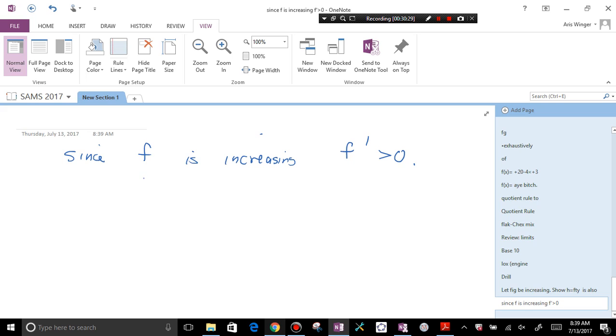That's why I've asked. Since g is increasing, g prime is bigger than 0. This here means that I'm using the word above. I put this one time and someone was like, what is that? It's just referencing this. Then g prime is also bigger than 0. I want to show that h is increasing, which means I want to show that the derivative is positive, but the derivative of h is the derivative of f plus the derivative of g, both of which are positive.